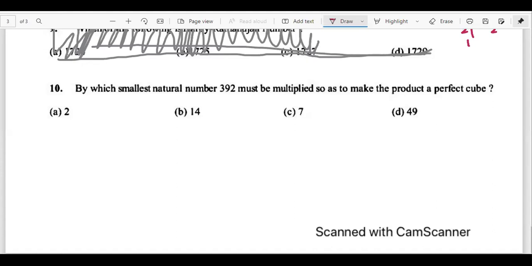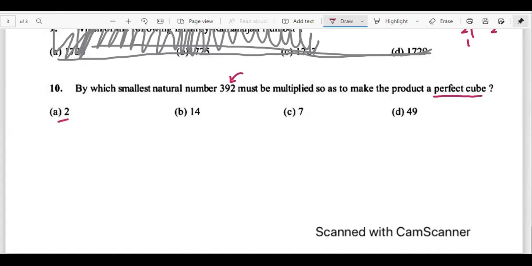They want us to multiply a number with 392 such that the product becomes a perfect cube, right?